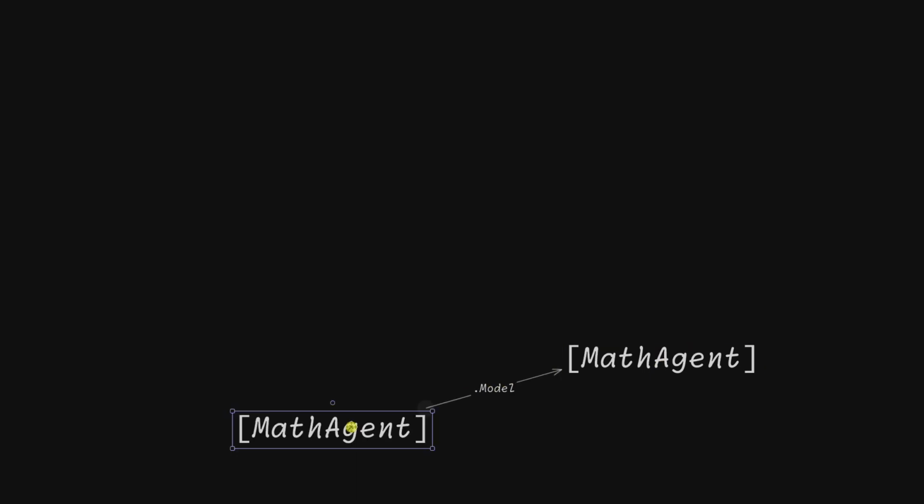Now it's time to spawn our first AI agent on the canvas. Connect with an arrow the name of the model to the agent, and in the label on top of the arrow it's important to start the label with a dot following the name of the field.